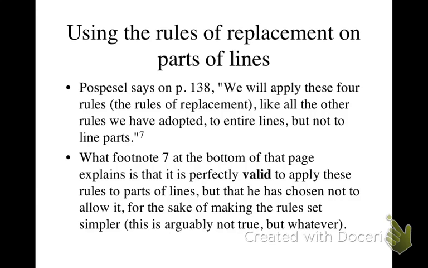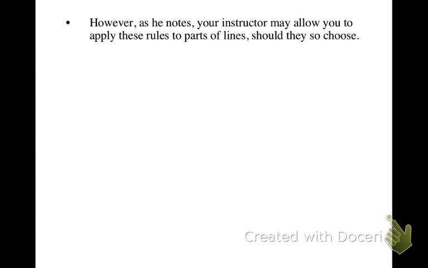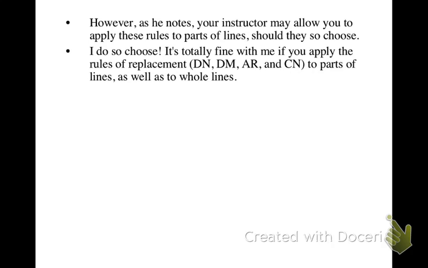Certainly, I'll bet it makes it simpler to program the software. I'll bet that was true, and that might have been part of the motivation. However, as he notes, your instructor may allow you to apply these rules to parts of lines if they choose to do so. Well, I do.